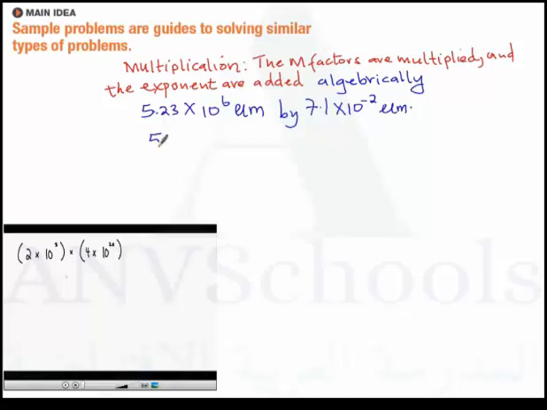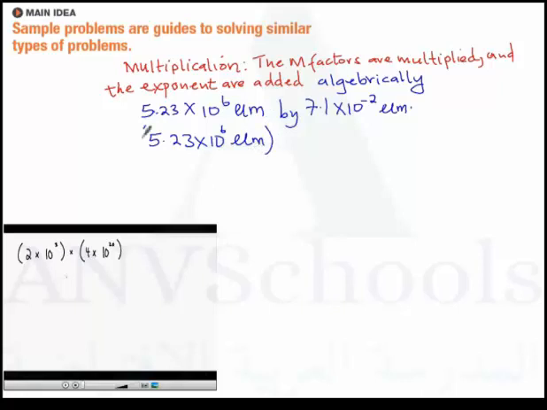You will take 5.23 multiplied by 10 to the power 6 micrometers. Make it neater.